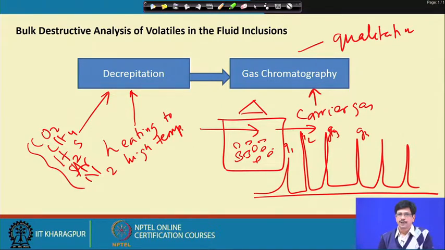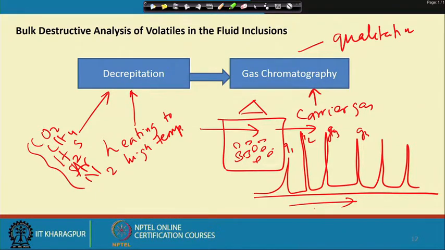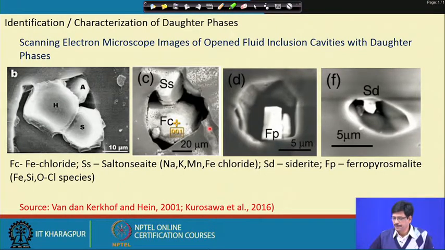The sequence in which, in a mixture of these gases, the gases are released is known, and from that at least we could make a qualitative estimate about the gases that are present in these inclusions.